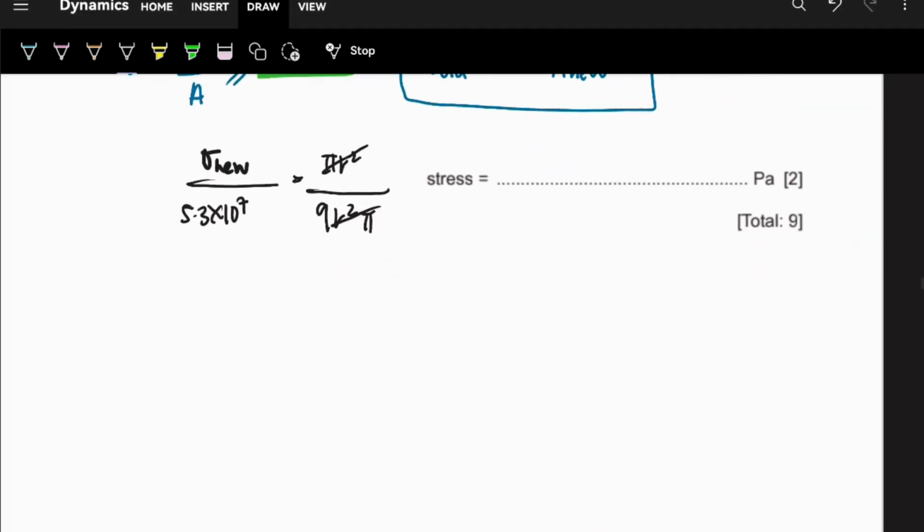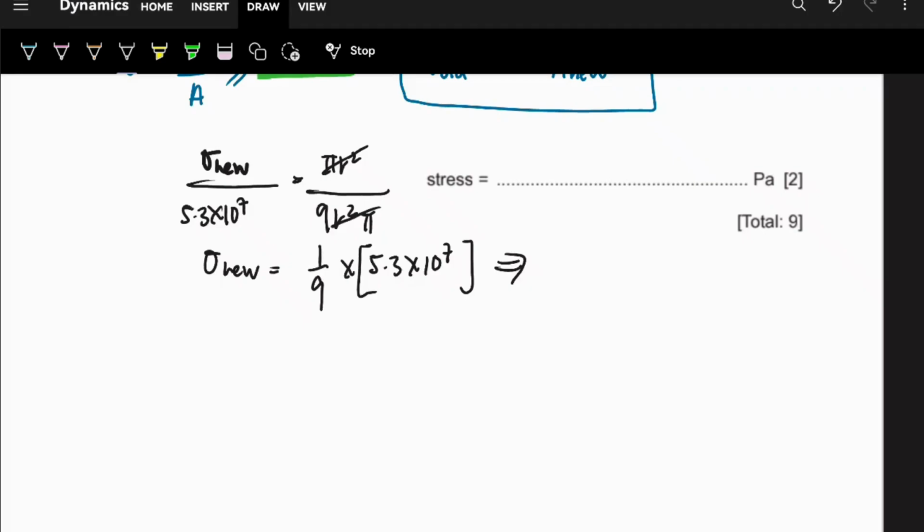Pi r square can cut. So your new stress is equal to 1 over 9 times 5.3 times 10 to the power 7. Which will give you 5.3 times 10 to the power of 7 times 1 over 9.